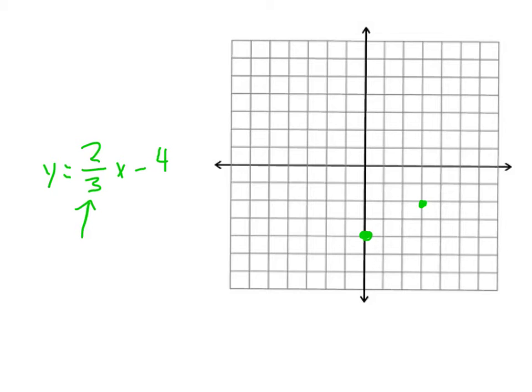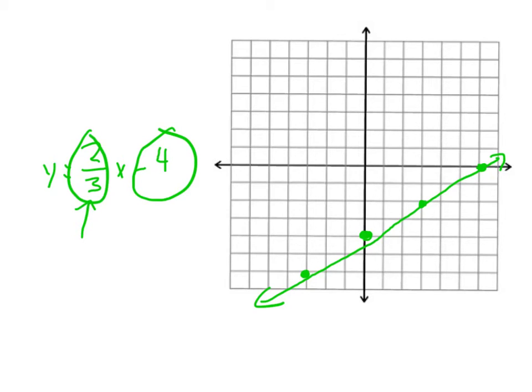Over 3, and up 2. Over here I would go down 2 and over 3 just to keep the line there. And that's what my line would look like. So that's example 1. Again, you see this tells us we cross the y-axis at -4.